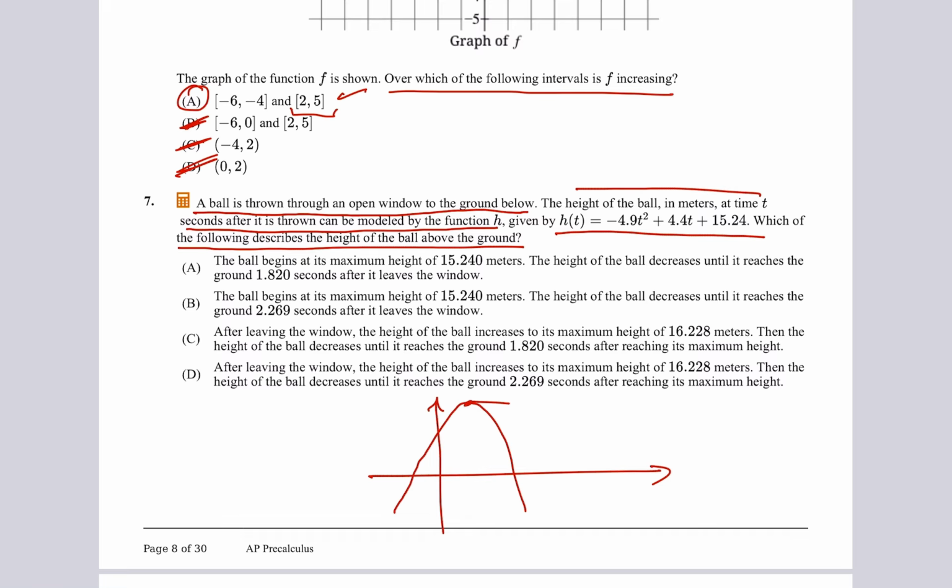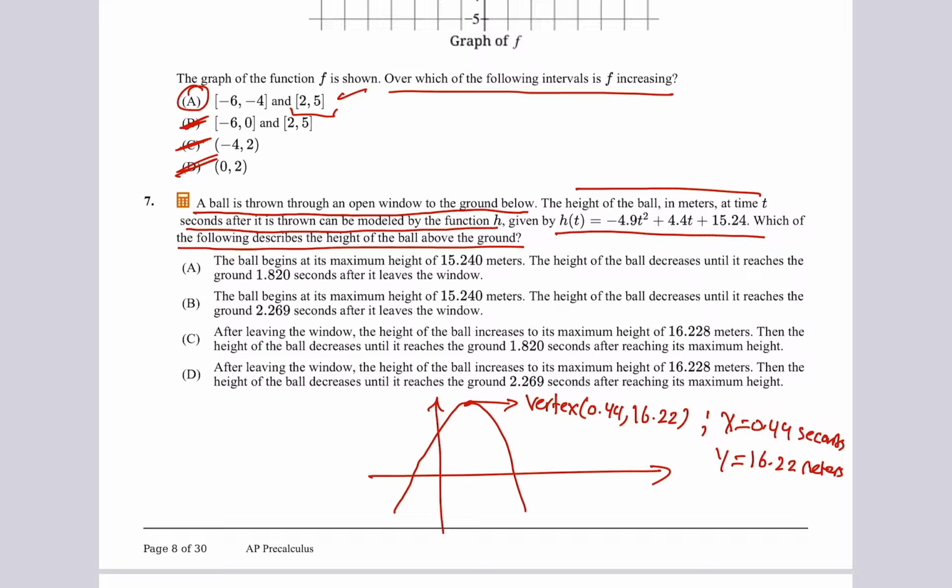Now, the maximum point is called the vertex, which has coordinates of 0.44 and 16.22. So when x equals 0.44 seconds, y equals 16.22 meters, right? So it's 16.22 meters above the ground, 0.44 seconds after it's been thrown.